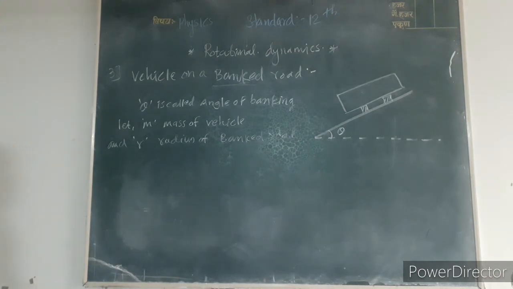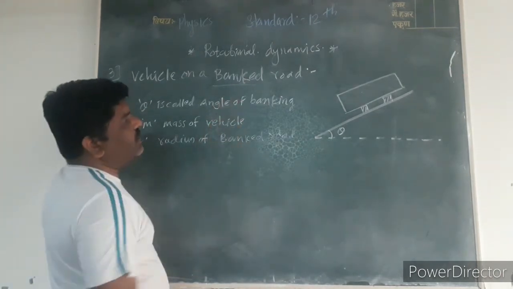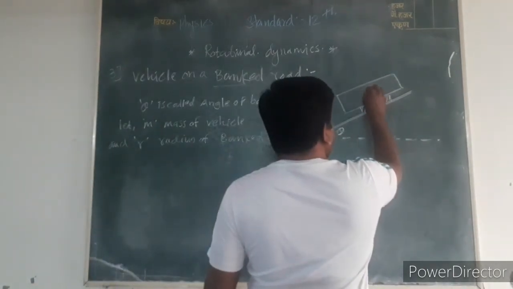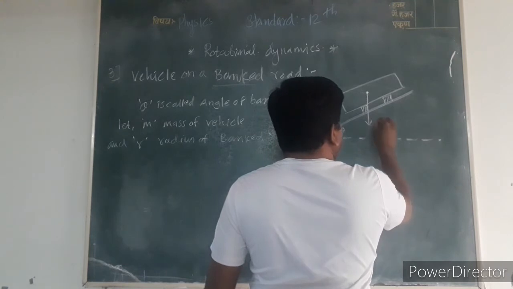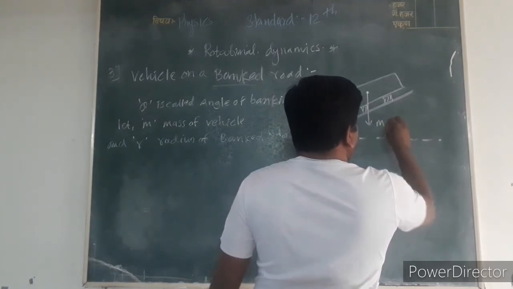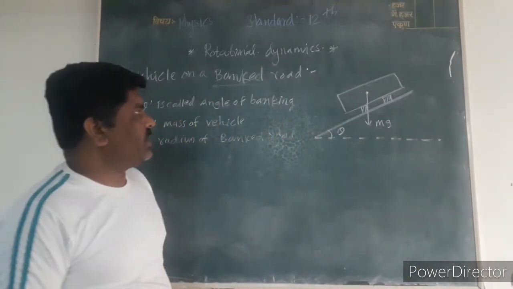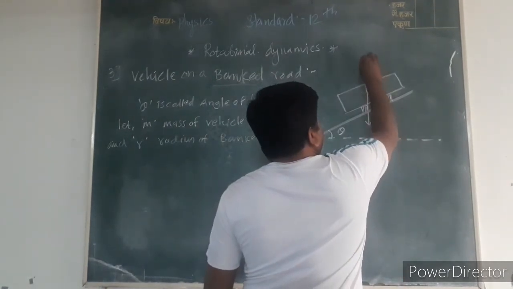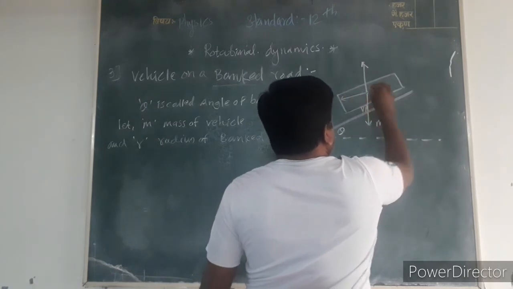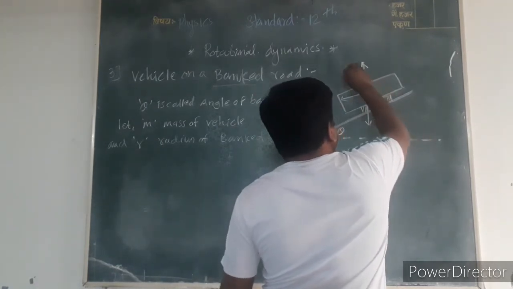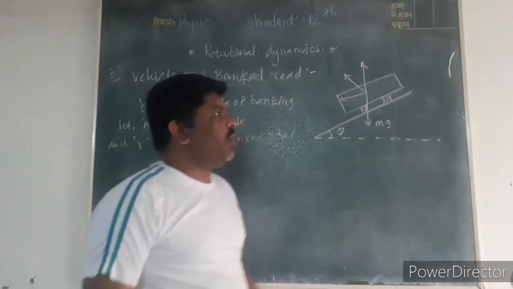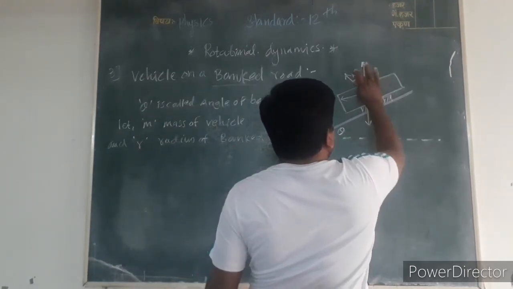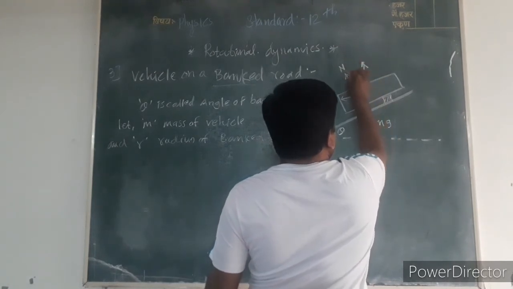The first force acting on that vehicle is its weight, acting vertically downward. Another force is called the normal reaction, acting vertically upward.